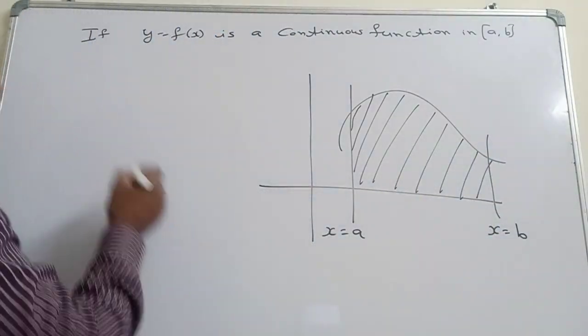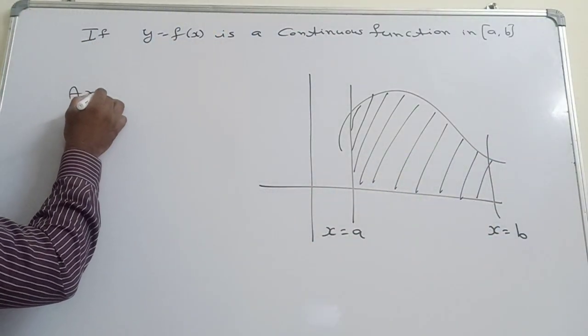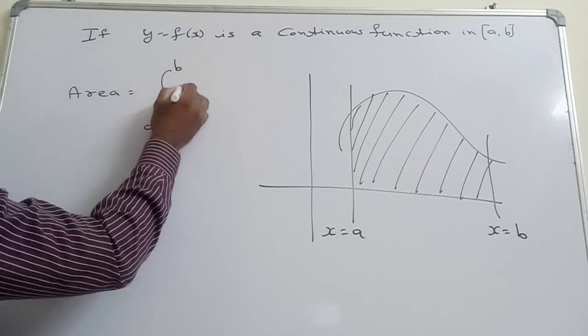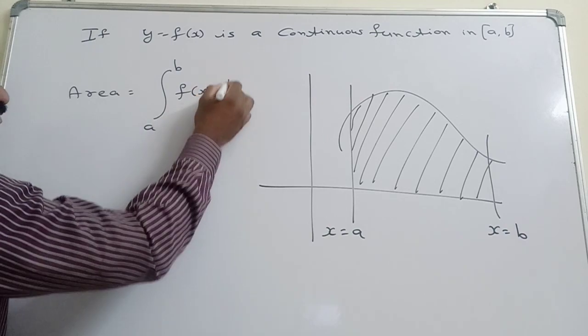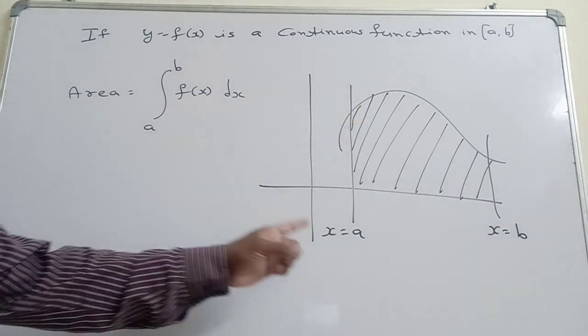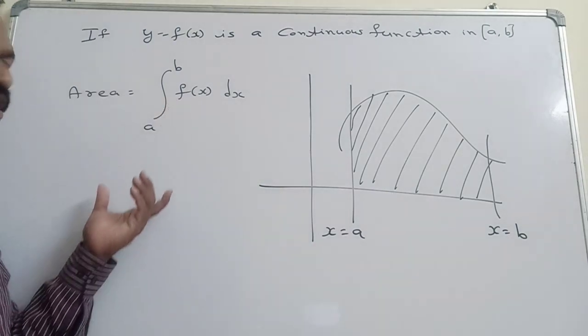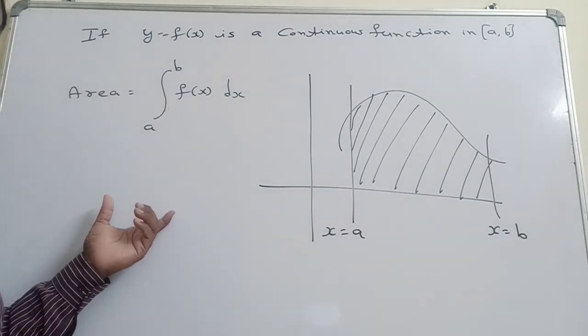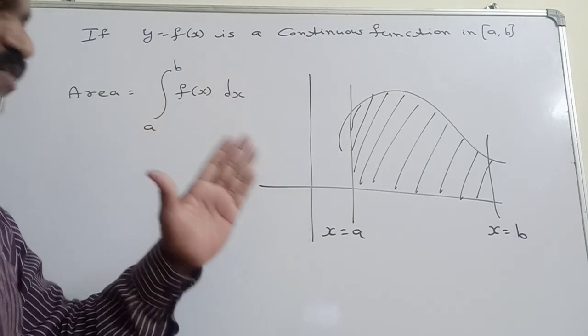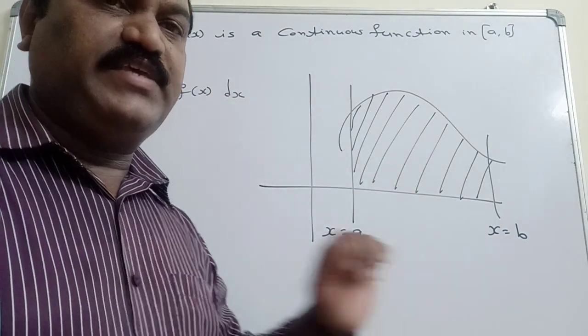So that is going to give this formula: the required area is equal to integral a to b f of x dx. Means we will integrate that particular function within the limits a to b, and if you evaluate the definite integral value, this is going to give the area bounded by this curve with the x-axis between the lines x is equal to a and x is equal to b.